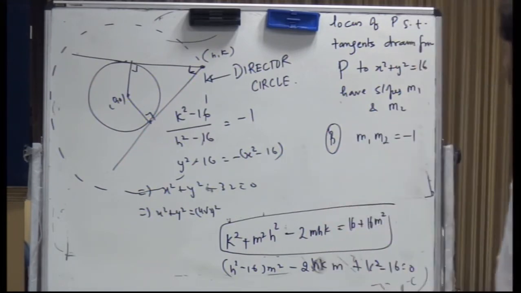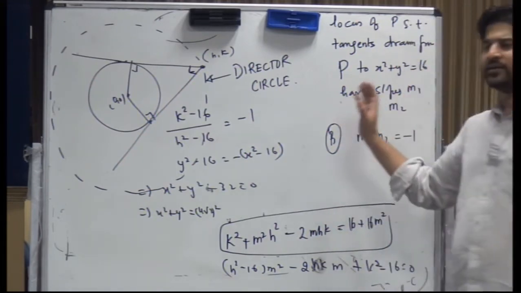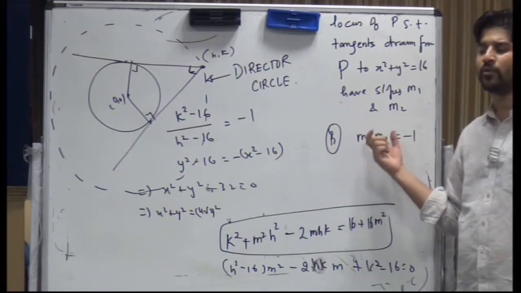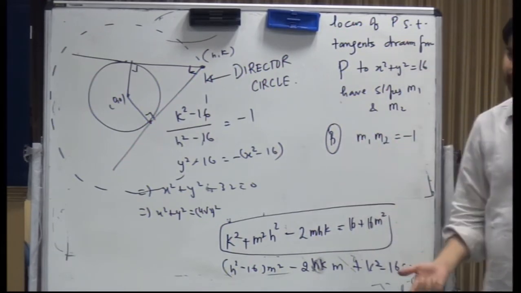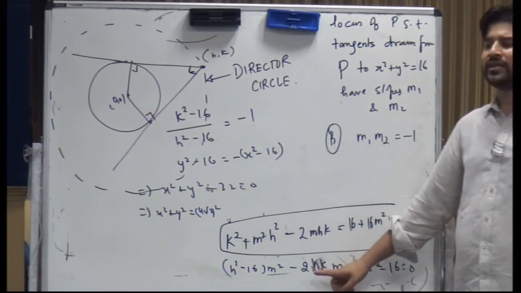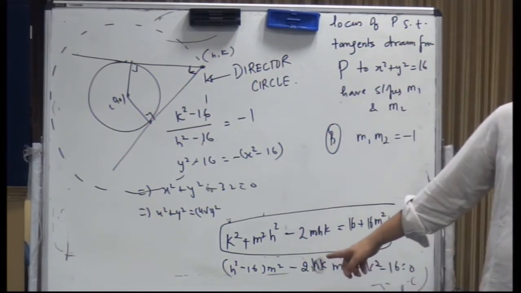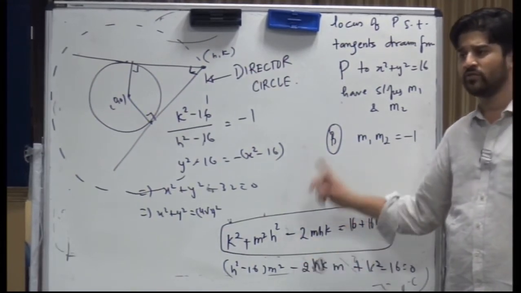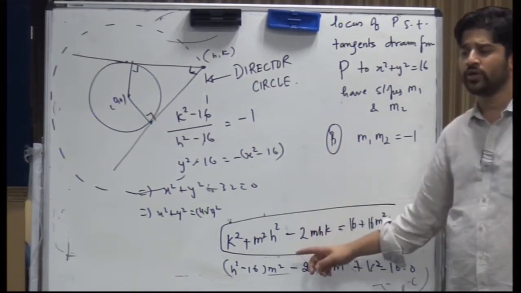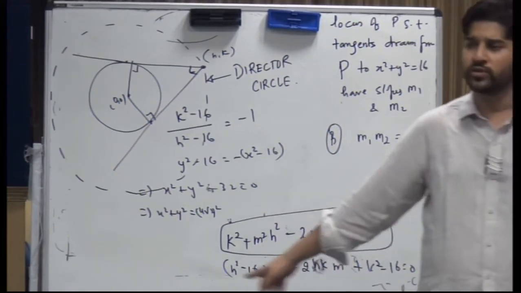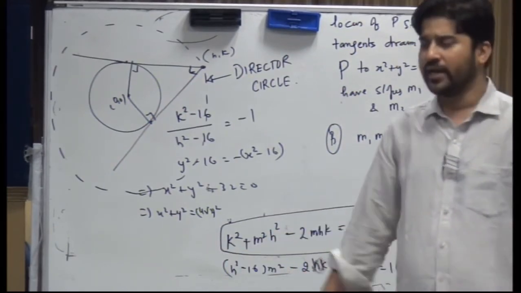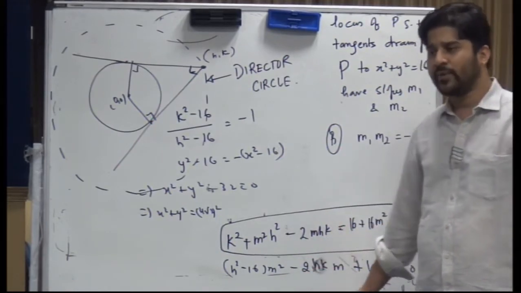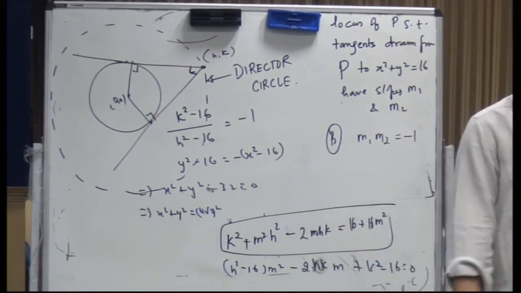Understood? Now you knew that the 2 tangents are perpendicular, which means that the product of the slopes is going to be -1. This quadratic equation contains the solution of both the slopes m1 m2. So it means the product of roots of this quadratic equation is equal to m1 m2. So you are just going to apply the product of roots is equivalent to -1, and in this equation what was the product of roots? k square minus 16 upon h square minus 16.